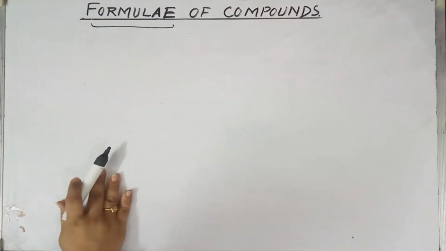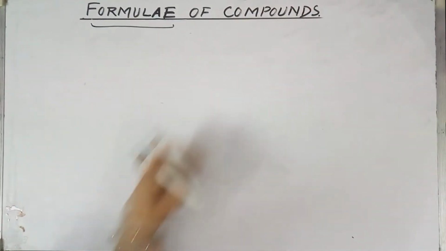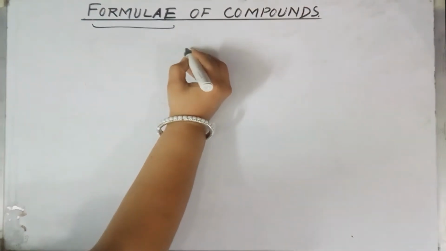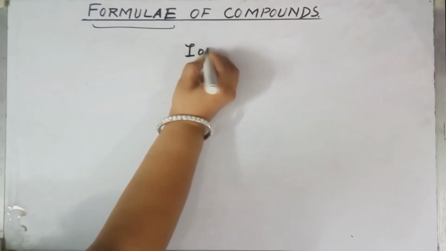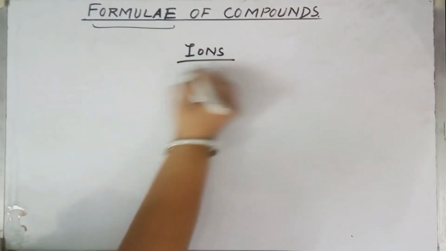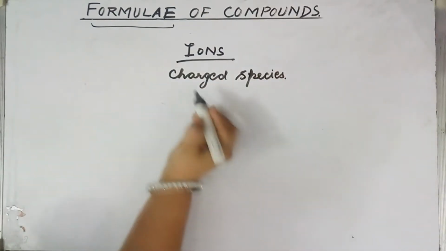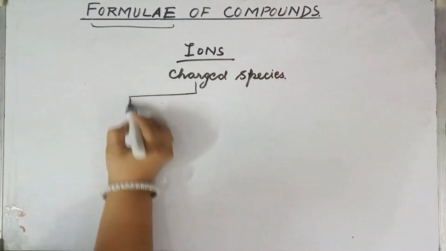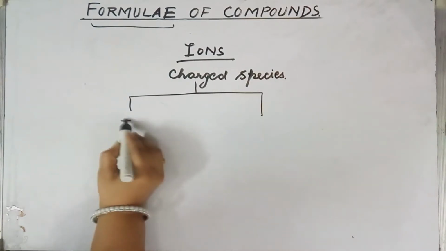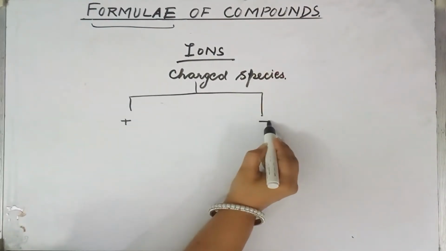All of you know that compounds are made of two kinds of ions, and ions are charged species. As we know, there are two kinds of charges in this universe, positive and negative.